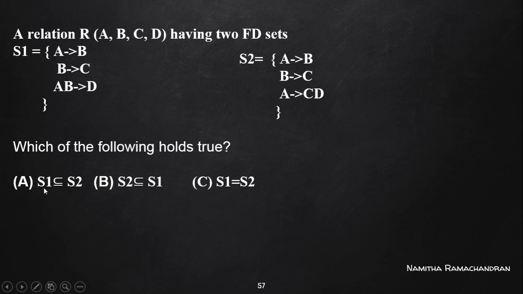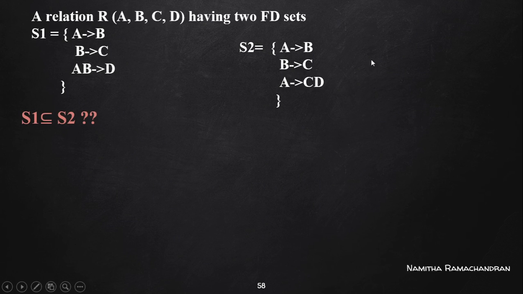Here the notation is S1 subset of S2. From this it is clear that we want to check whether S2 covers S1. Here the superset part is S2, the subset part is S1. That means S2 covers S1. For the second option, S2 is the subset and S1 is the superset. That means we want to check whether S1 covers S2.